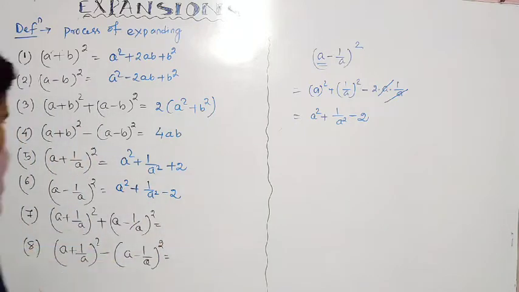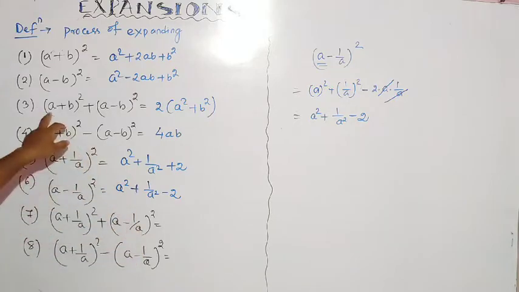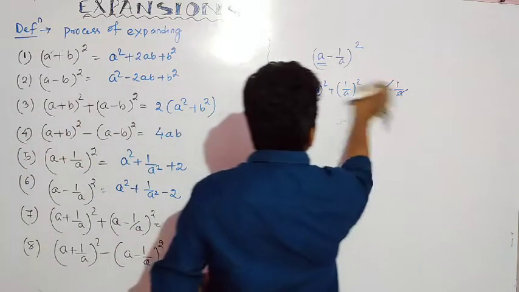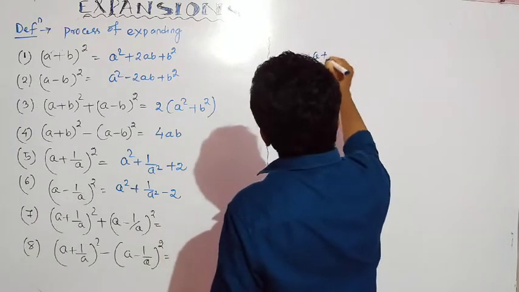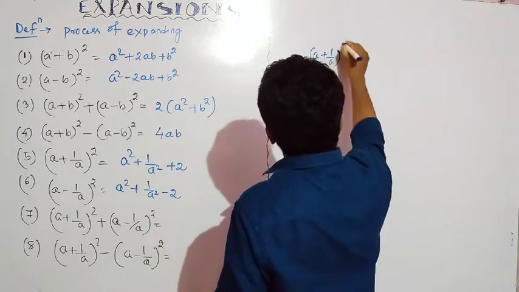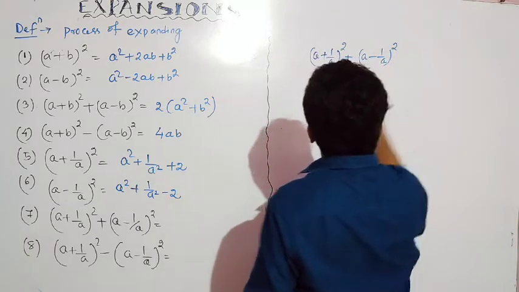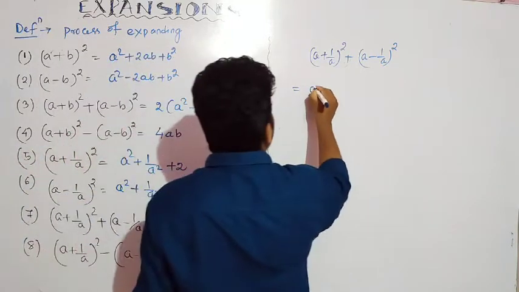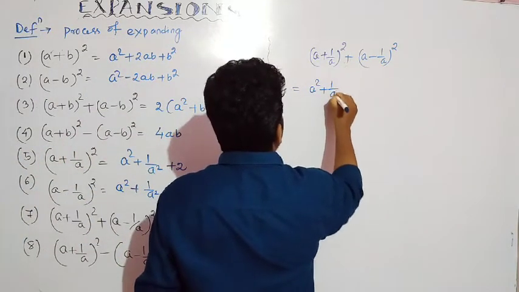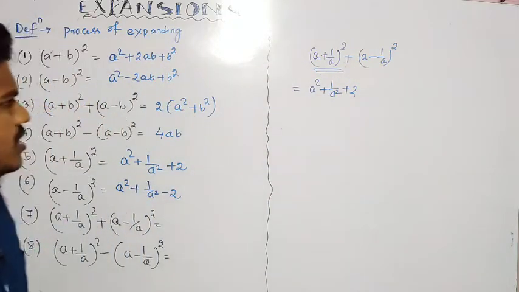Now similarly, see here (a + b)² + (a − b)². What is the formula? 2(a² + b²). Or see here (a + 1/a)² + (a − 1/a)². What you can write? (a + 1/a)² means a² + 1/a² + 2. This is the formula of (a + 1/a)².